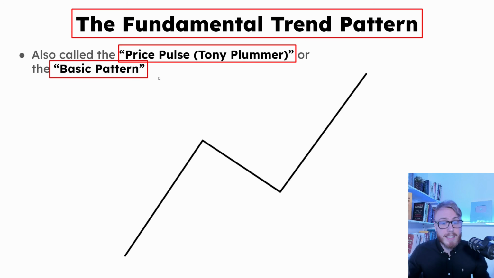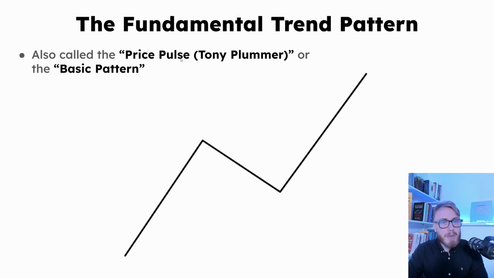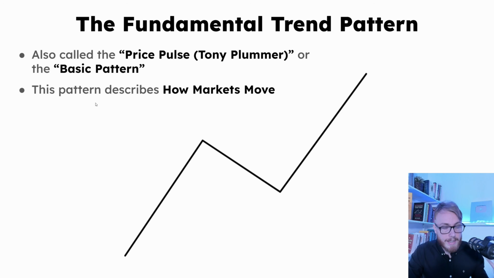So unfortunately this pattern has many different names, but the name here is not really important. The important thing is that we learn about the pattern and also learn about why this pattern is so important and fundamental. So this pattern right here basically describes how markets move.